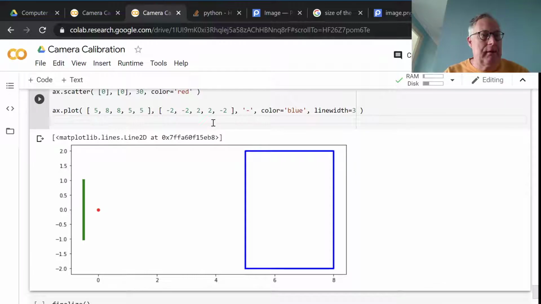So now I want to check what these points are. I'll label these points P1, P2, P3, P4.